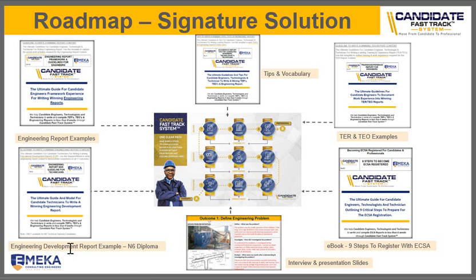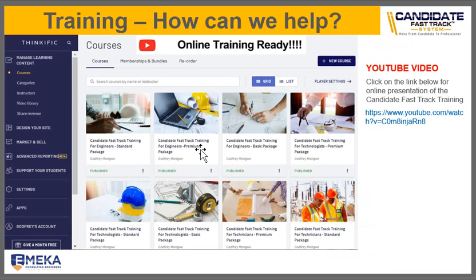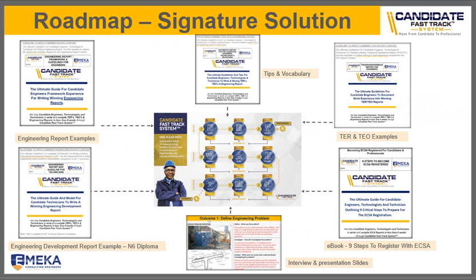It's called the Engineering Development Report. We've got an example to show you how to do that. So all of this content forms part of the system. If you go to our online training, let's say under Premium, you are able to download those important PDF documents that you can use as your examples and as your guide to help you put your report together properly.